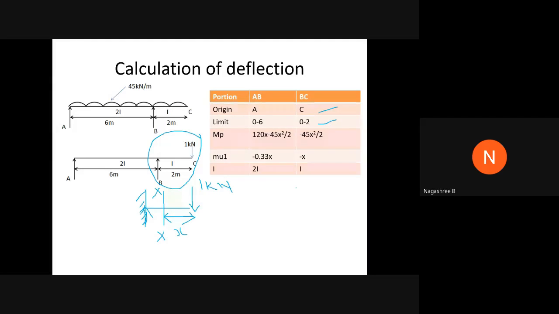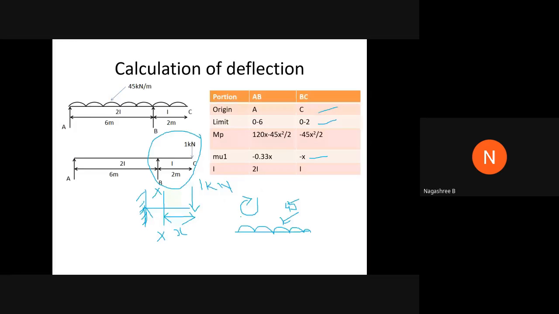So therefore, for the MU1 it will be equal to this distance.